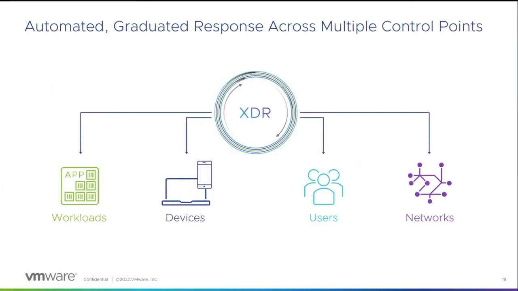So going back to the SOC again, what they need are really tools to respond not just rapidly, but in a graduated way. So where they can take different levels of action. It could be a simple quiet notification to the back end via a log or an email, something to a console.